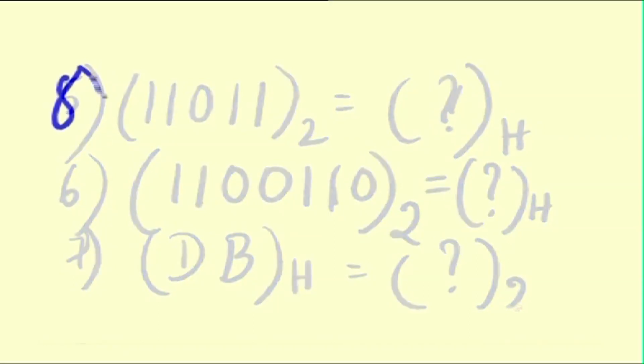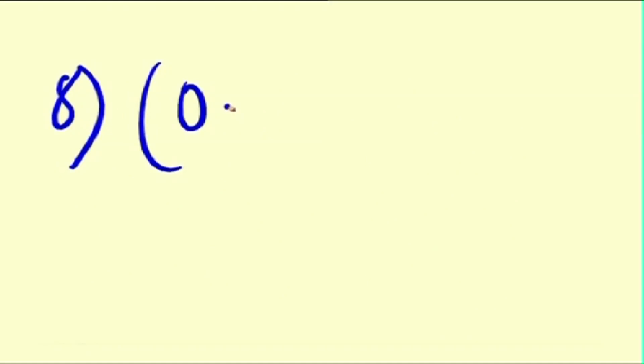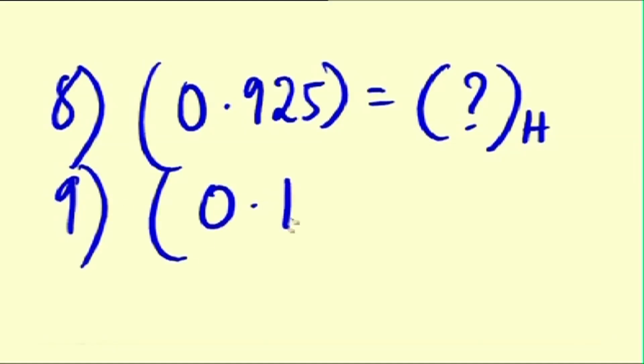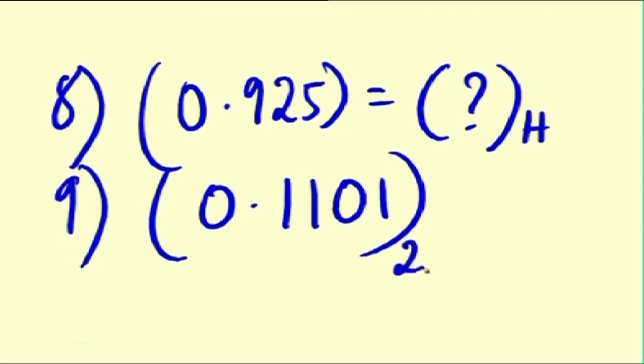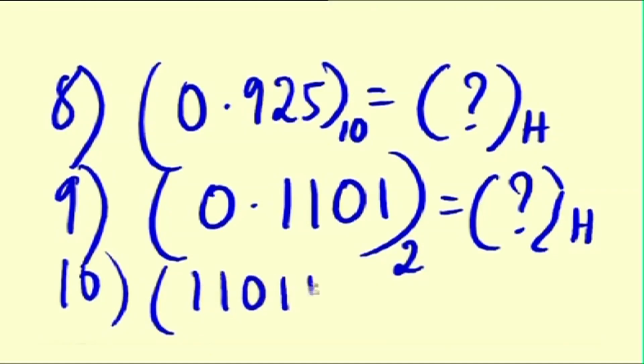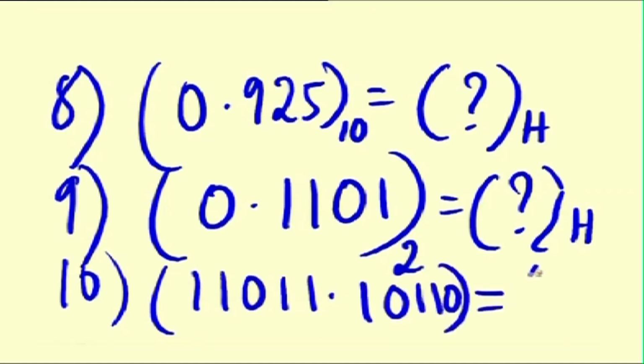Another problem that I would like to give you is to take a decimal number and convert it into its hexadecimal equivalent. In the same way, I will give you a binary number, you may convert it into a hexadecimal number, and finally, I will give you another number which will be like this. Convert it into its hexadecimal equivalent.